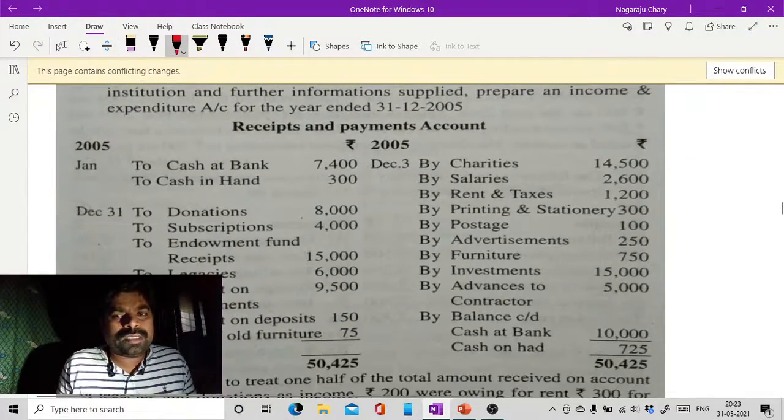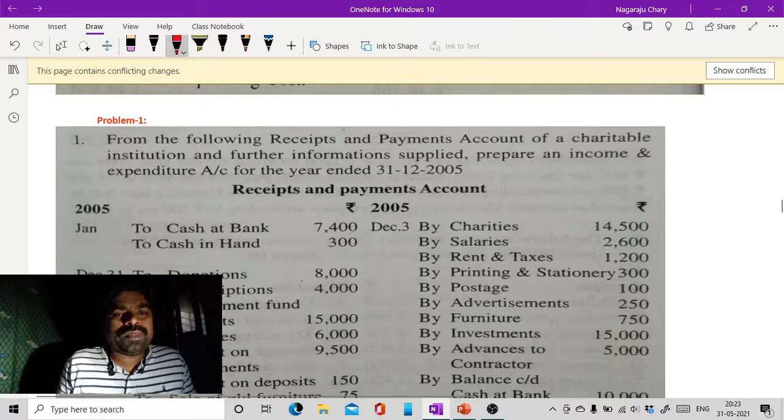Okay, let us start with this one problem. From the following receipts and payments account of a charitable institution and the further information supplied, prepare an income and expenditure account for the year ended 31st of December 2005.